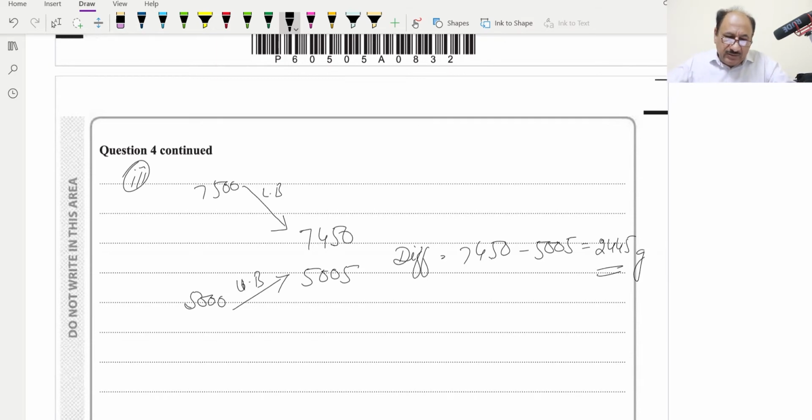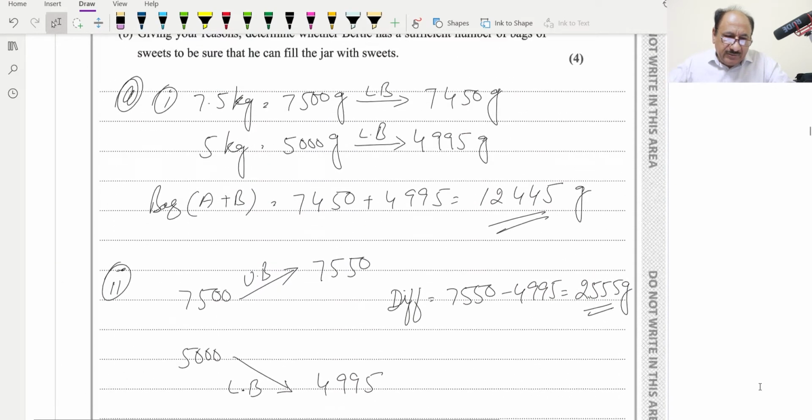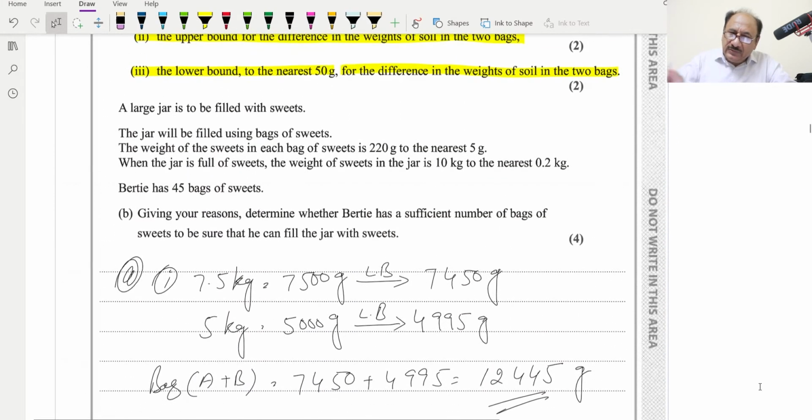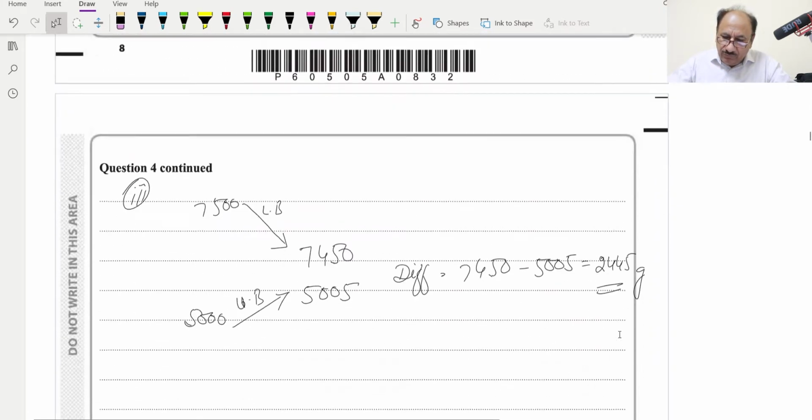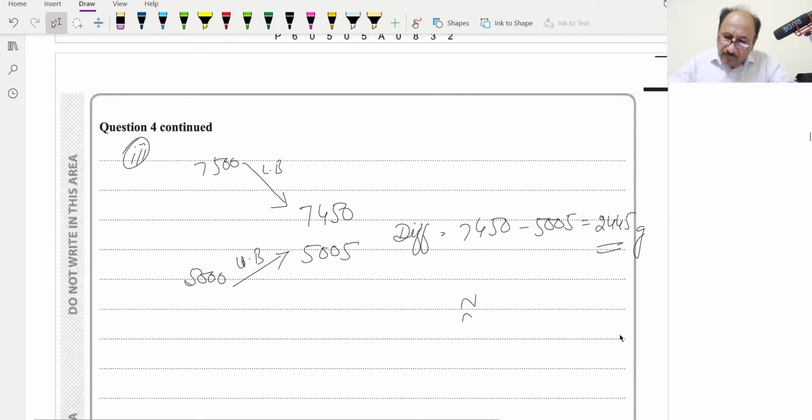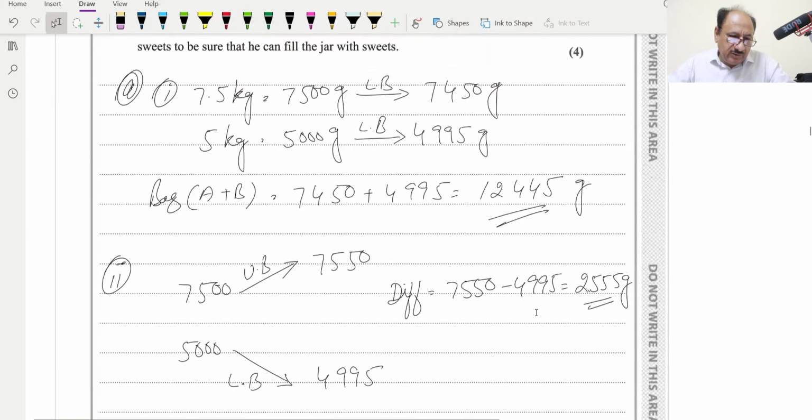And for part 3, they are asking for the difference in weight of the soil in the two bags, so the rounded answer will be what? We can provide approximately 2450 grams. This will be our answer for this third part.